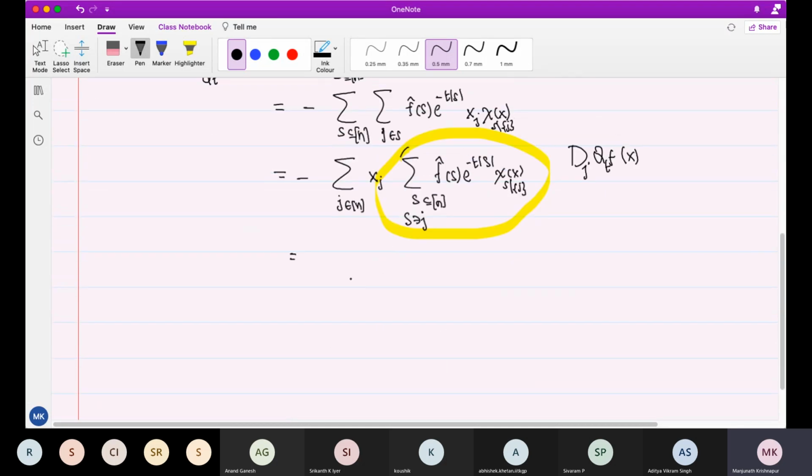So this is actually minus the summation of x_j d_j Q_t f of x, which we will write as minus L Q_t f of x, where I just introduced this new thing.